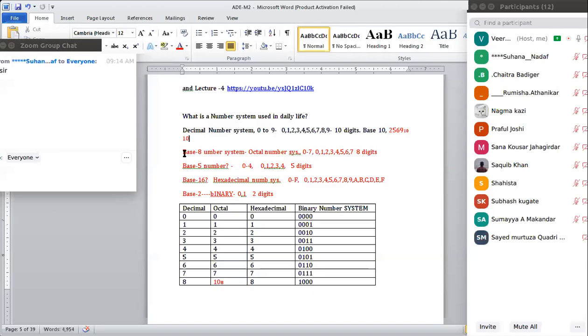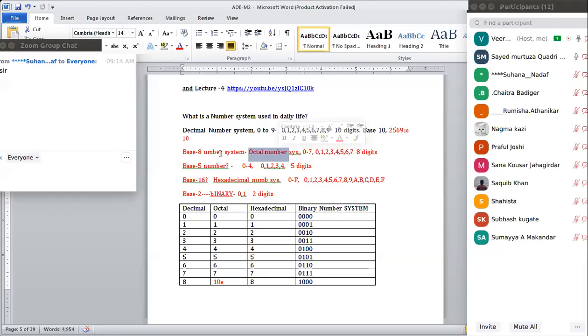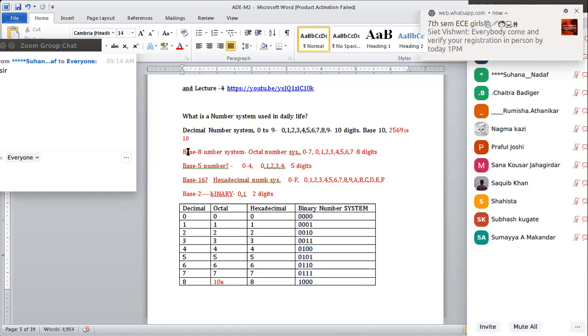Okay, then when I say octal number system, octal is 8, right? Whose base is going to be 8. So any number, if it is written and the base is written as 8, that number is considered as octal number system.